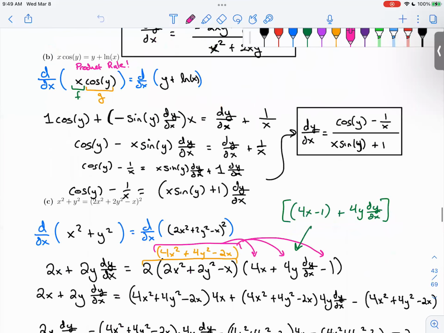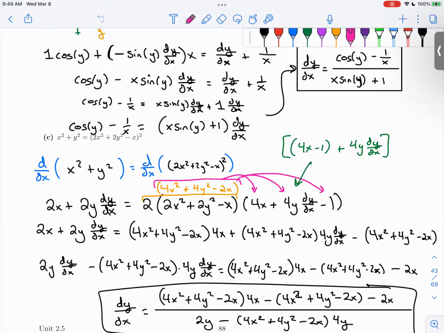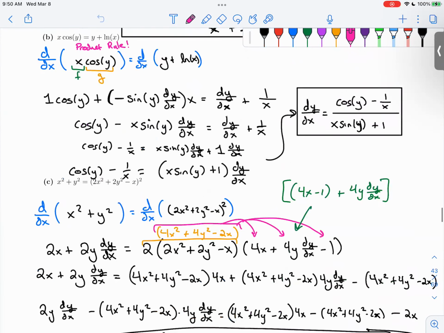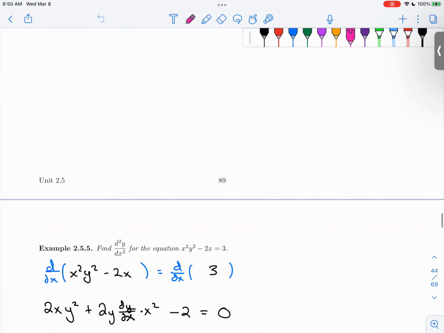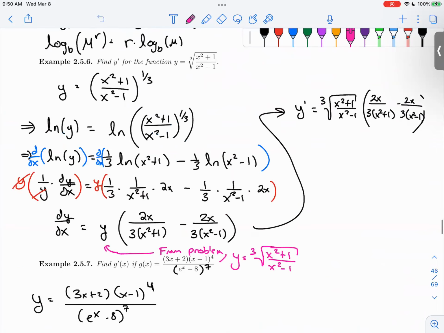As nasty as it can be sometimes, it's a matter of knowing that y is a function of x, so that if you have x times y, you have the product, and you have to use the product rule and all that fun stuff. All the rules we know and love can be used and combined, but one of the biggest uses of implicit differentiation is logarithmic differentiation.